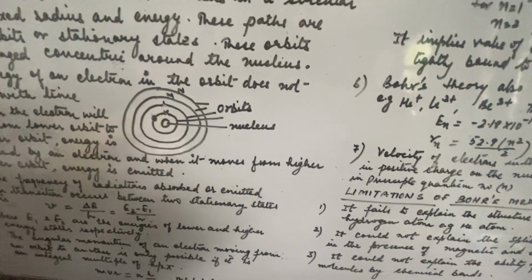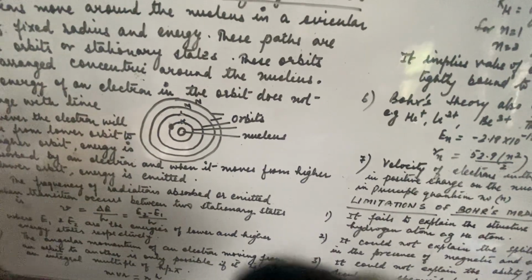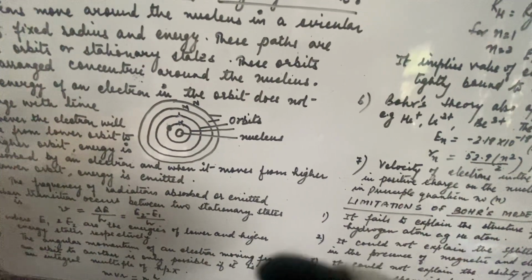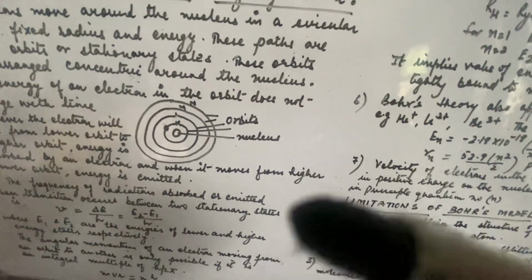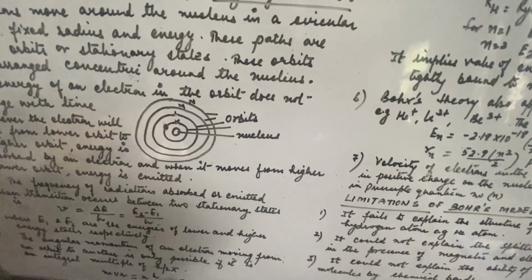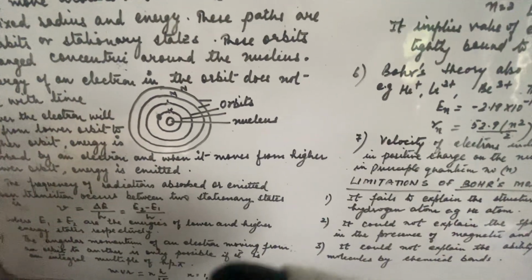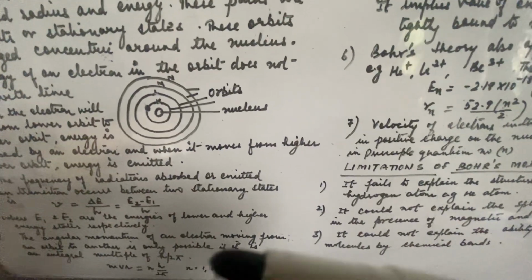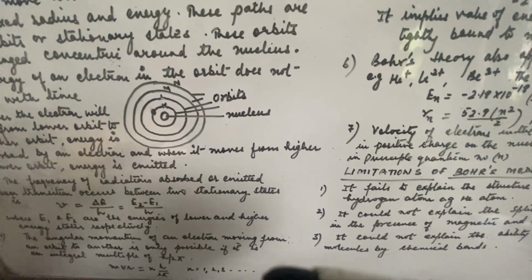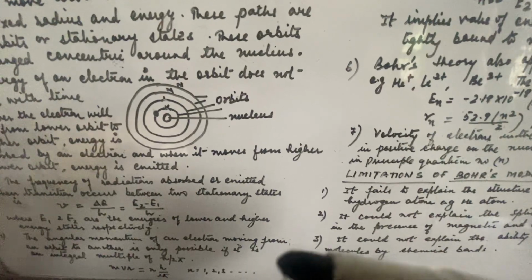Now then he said the angular momentum of an electron moving from one orbit to another is only possible, means electron movement is only possible if its angular momentum is the integral multiple of h by 2 pi. mvr is equal to nh by 2 pi, where n is equal to 1, 2, 3.